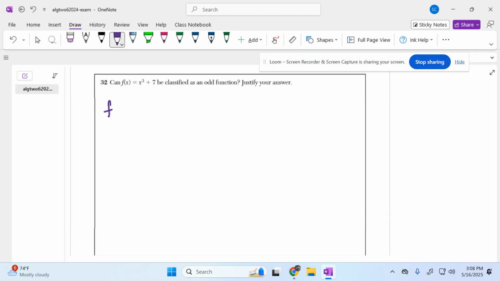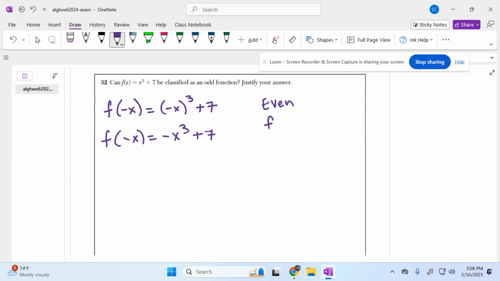So if I find the value of f of negative x, I would plug in negative x for x, and then try and simplify. Well, when I cube a negative number, it stays negative, so we get this expression for f of negative x. Now, just to go over this, since we are reviewing here, if the function is even, f of x will be equal to f of negative x.